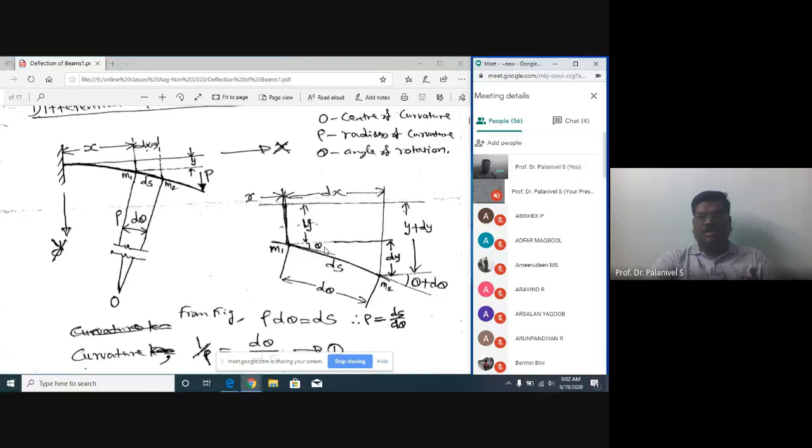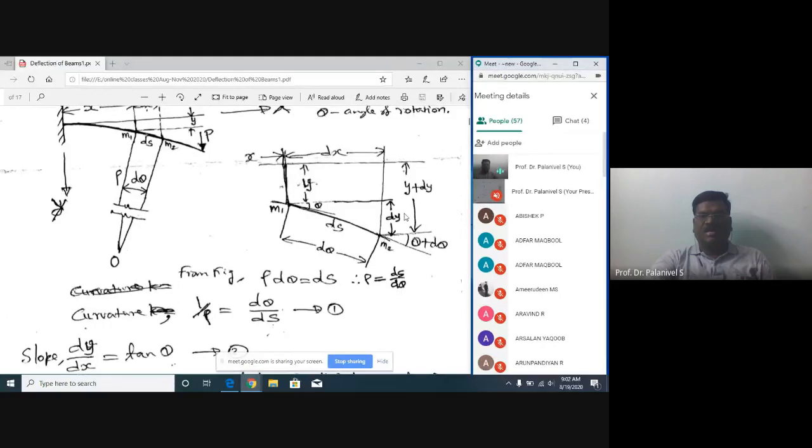You draw a tangent at M1, and the angle made by this tangent with the horizontal is theta. The angle of rotation at M2 is theta plus d theta, some incremental angle. You draw a tangent at M2, and the angle it makes with the horizontal is theta plus d theta.